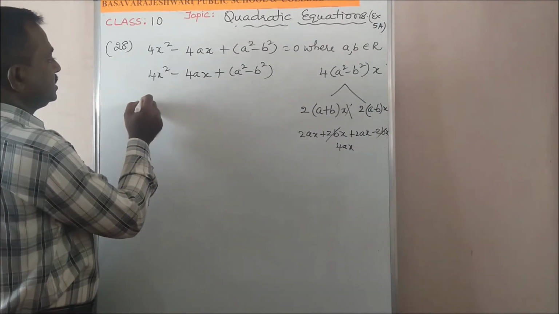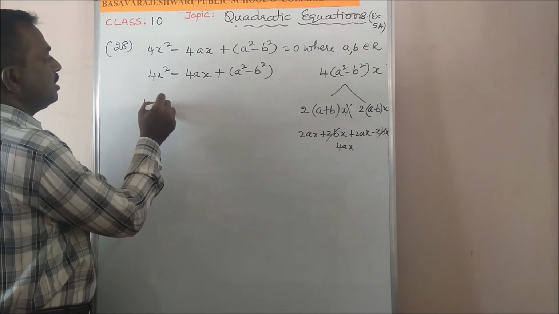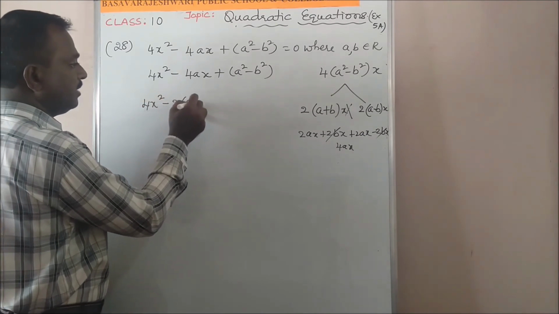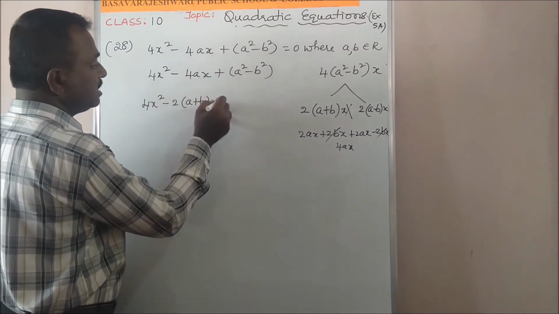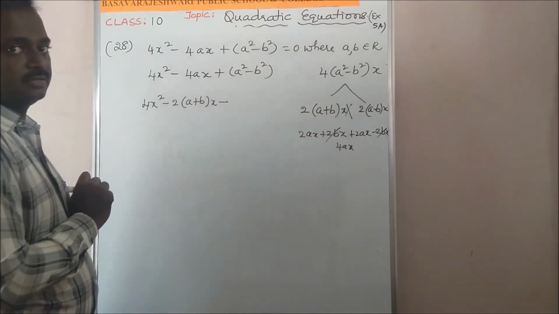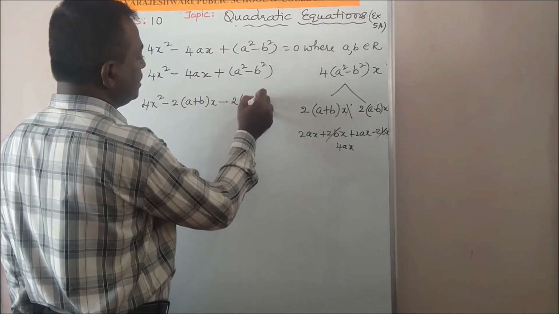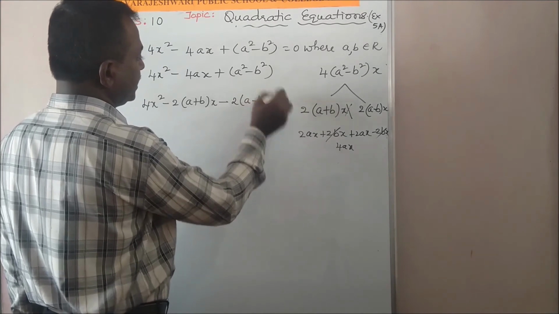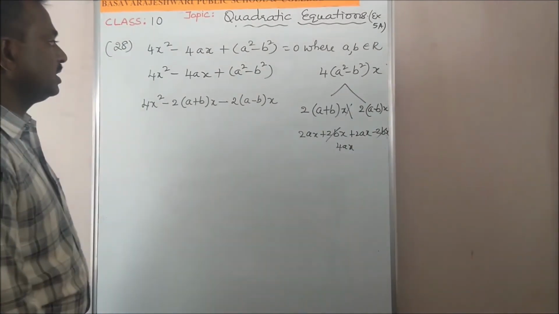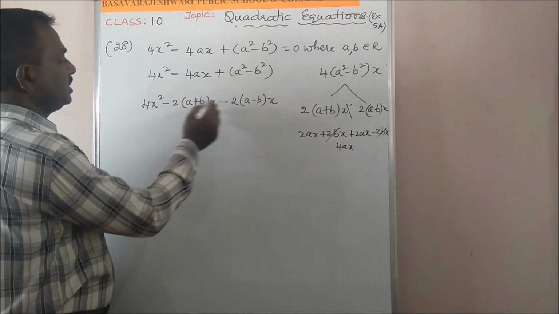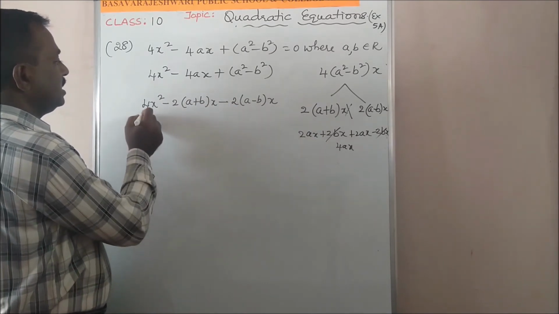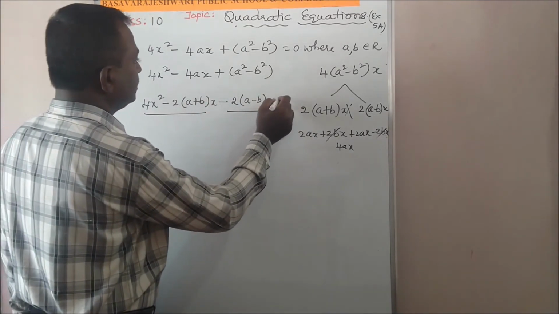So what I should write? 4x square minus 2 into a plus b x minus, subtract, we have to do 2 into a minus b x. Okay? Minus 2x, we are also minus. Now what is the common factor here?